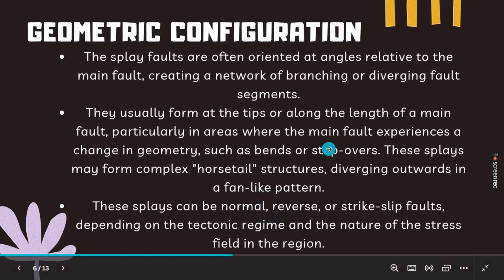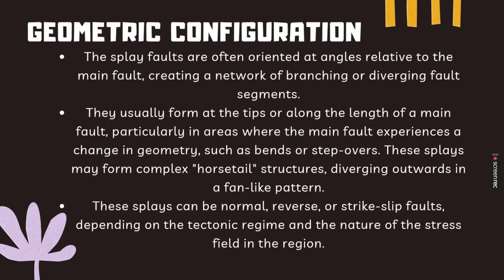Now the different parameters I have discussed, I will briefly discuss, like geometric configuration. Splay faults are often oriented at angles relative to the main fault, and thus create a network of branching, diverging faults, which is very important because these kinds of fault networks act as very important loci for hydrothermal fluid movement.